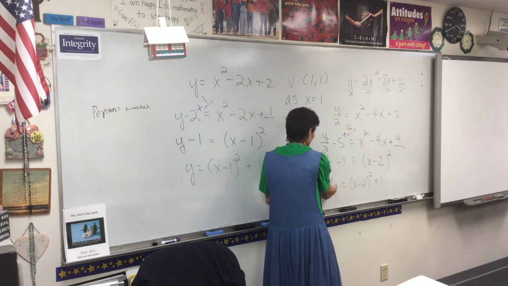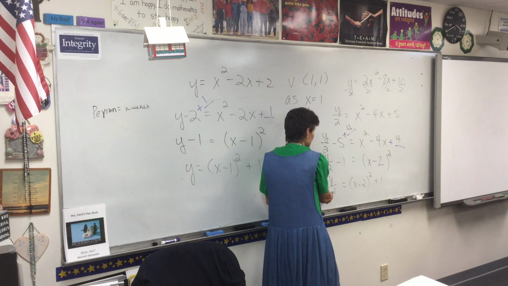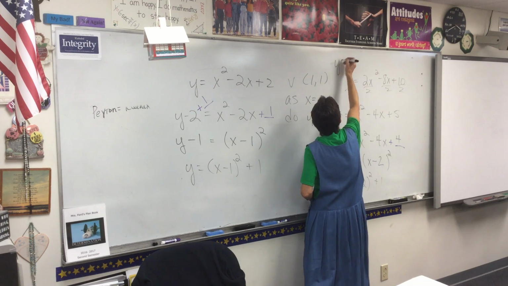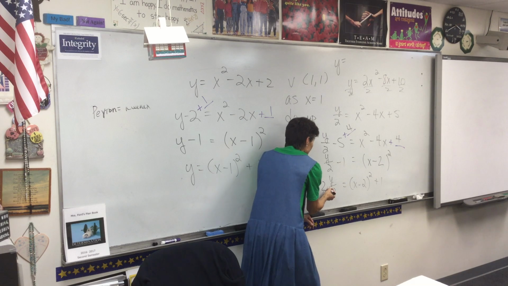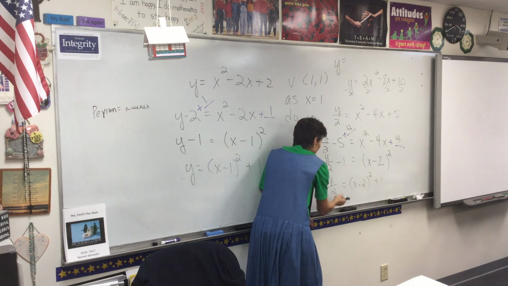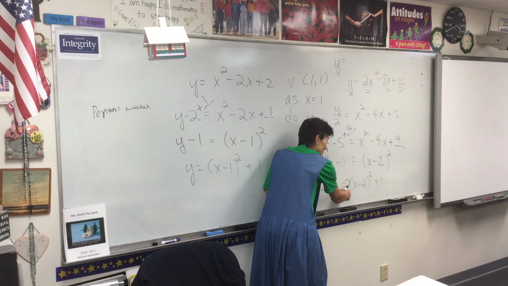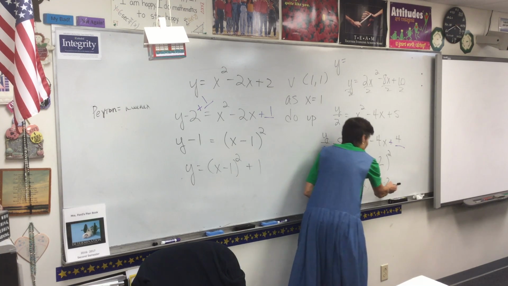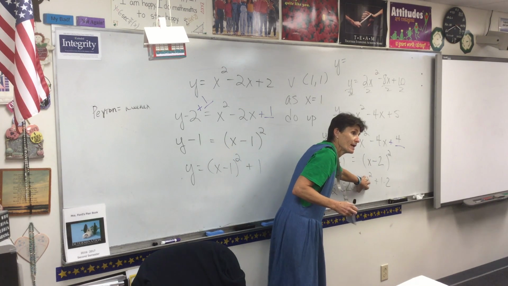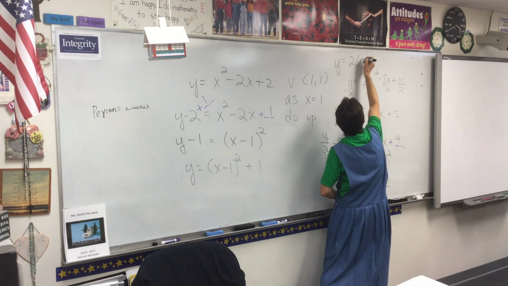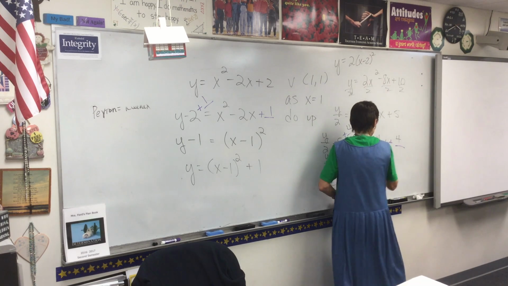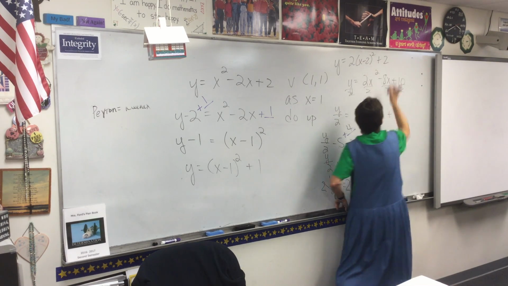And then, remember this, we don't like that, but we can easily get rid of that by timesing by 2. But kids, when you times by 2, this is the part I want you to be careful of. When you times by 2, you multiply the parentheses by 2 and the number by 2. Don't do anything inside. You just multiply the parentheses by 2 and the last number by 2.